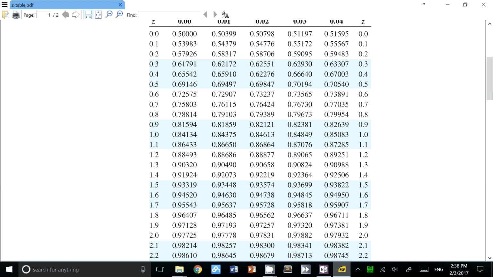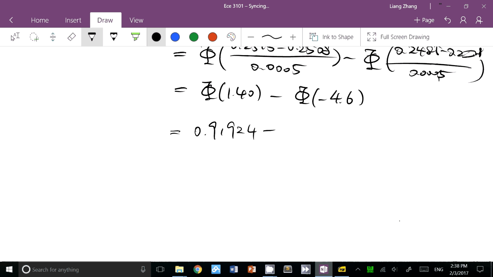This can be resolved by looking at the symmetric property of the bell-shaped curve. I'm looking for phi of negative 4.6.